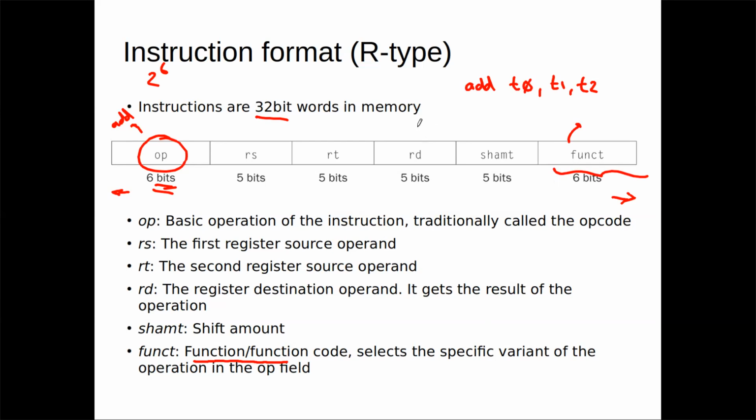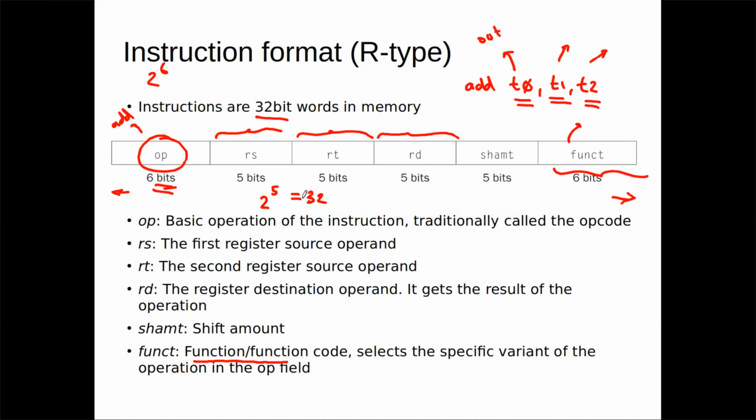This function. And remember, since I usually write these 3 things here, 2 are input operands to the instruction, and 1 is output, right? So here we have these 3 fields, RS, RT, and RD. Each of them is 5 bits, which allows you to encode 2 to the power 5, or 32, different registers, right?